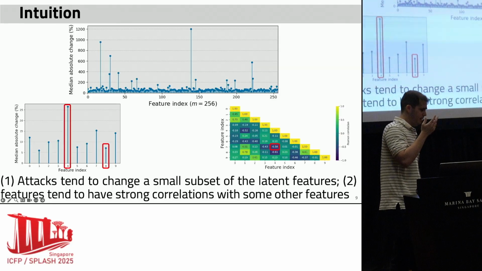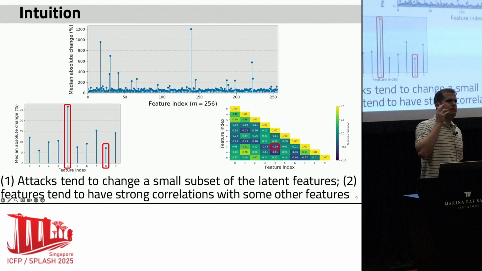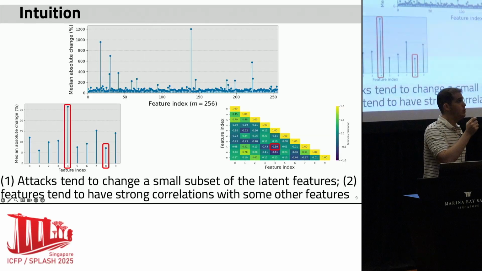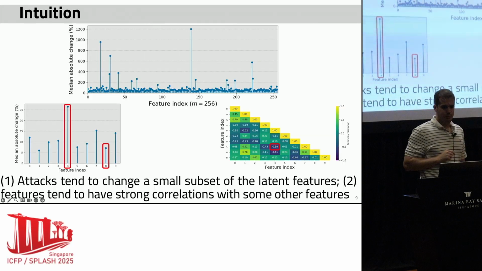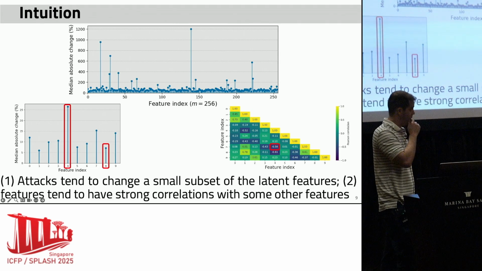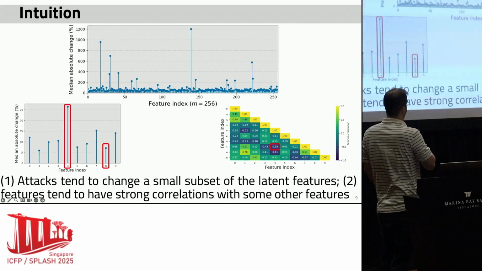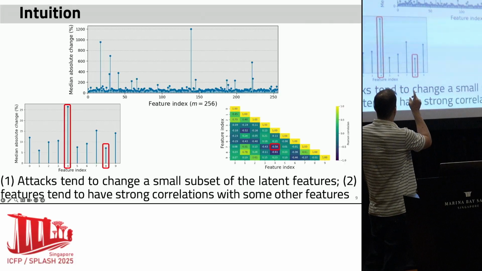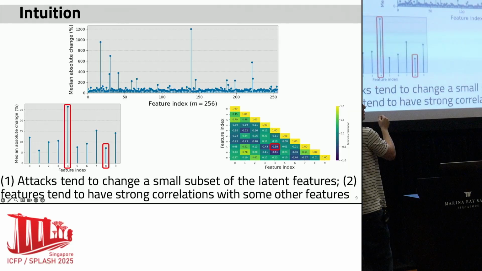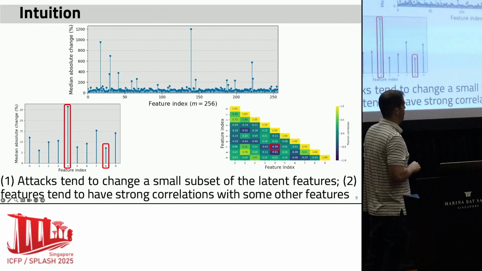So this gives us the idea that maybe we can fix only few of the latent features in order to increase robustness. If we zoom in onto the first 10 features, we can see that feature number 4 is highly impacted from the attack, and feature number 8 is far less impacted.